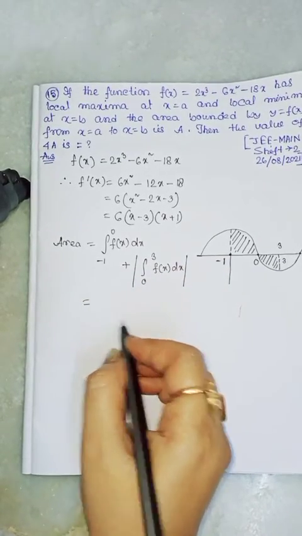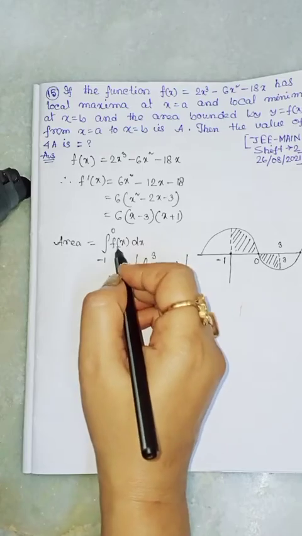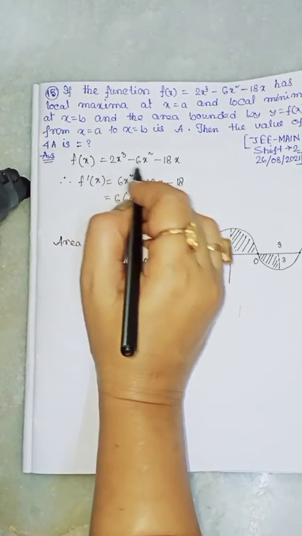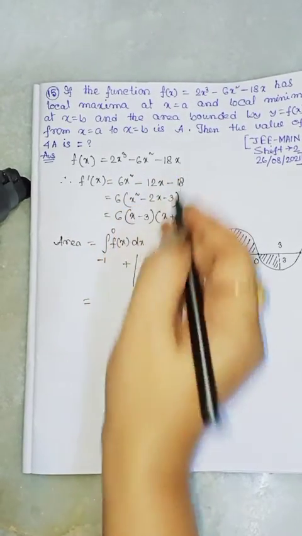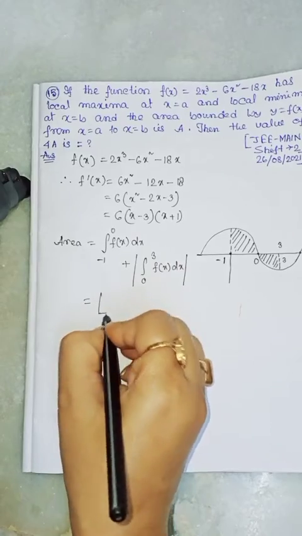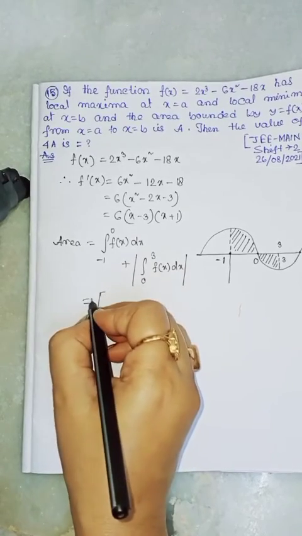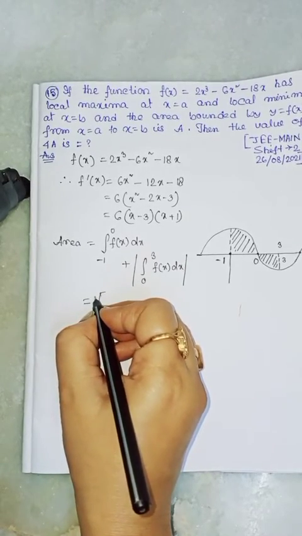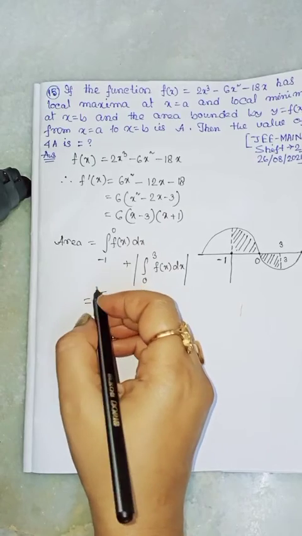Now put f(x) equal to 2x cube minus 6x square minus 12x. So after integrating, we get 2 out from this.